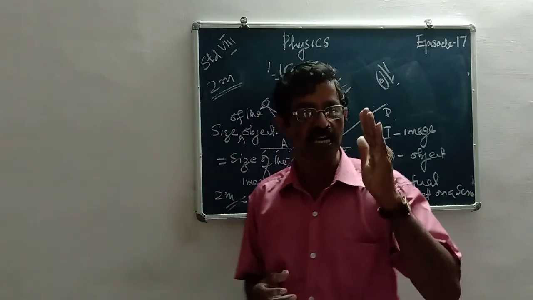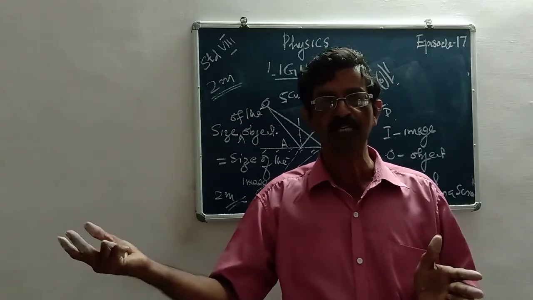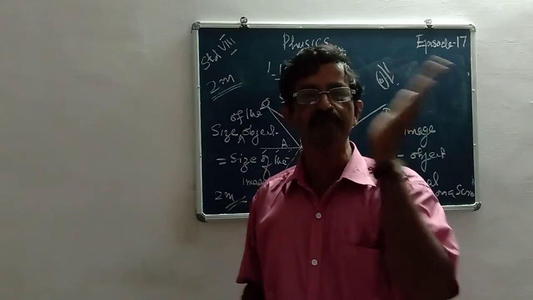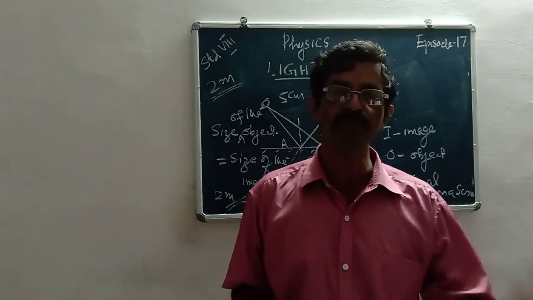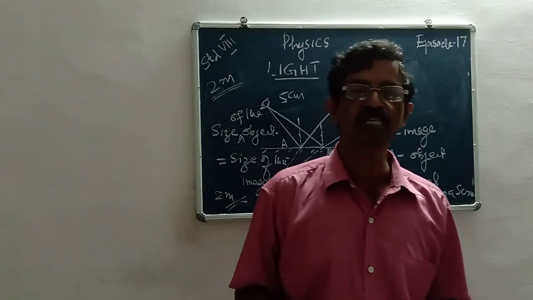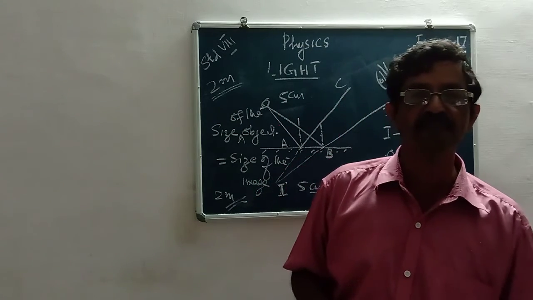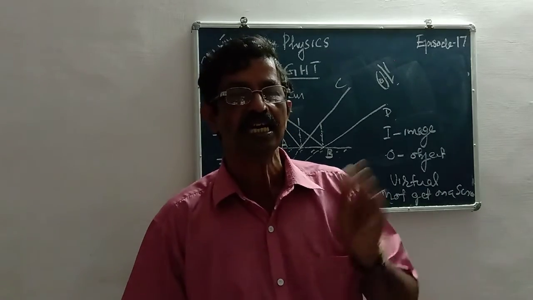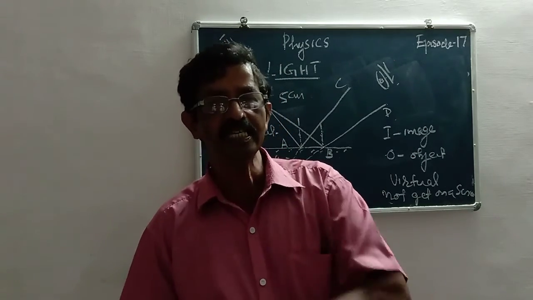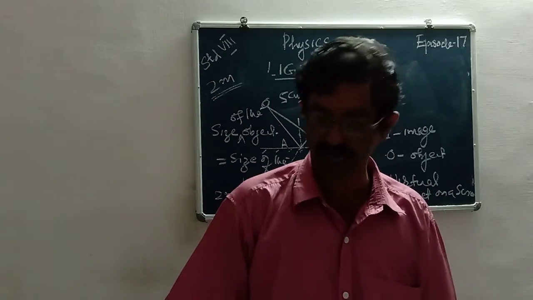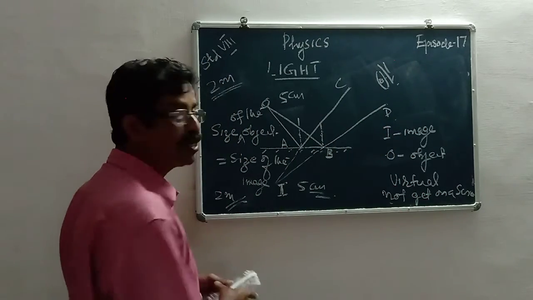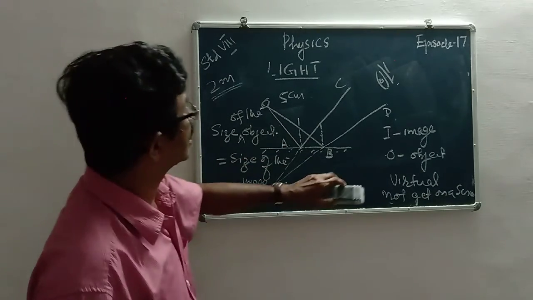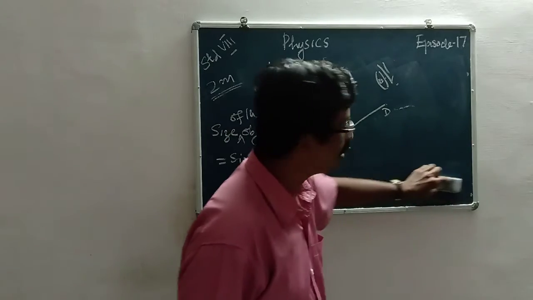That means left changes to right, and the right part appears on the left. The image is laterally inverted, that is, sideways changed. These are the specialities of the image formed by a plane mirror. What are the things you want to remember?